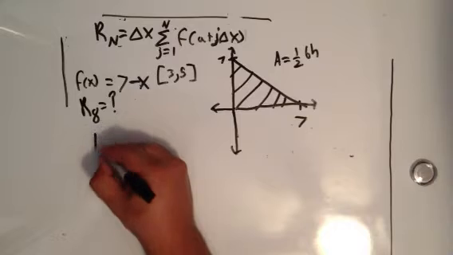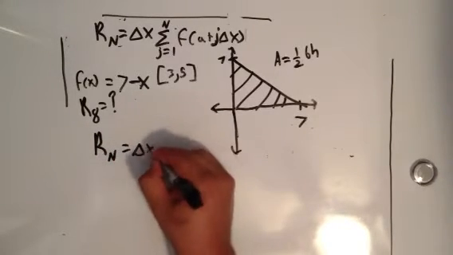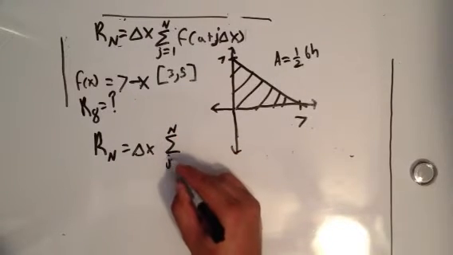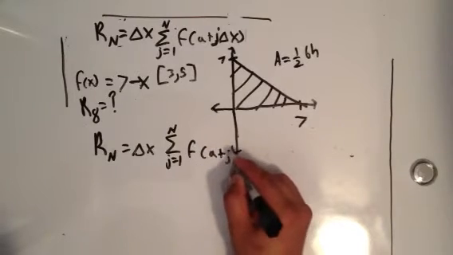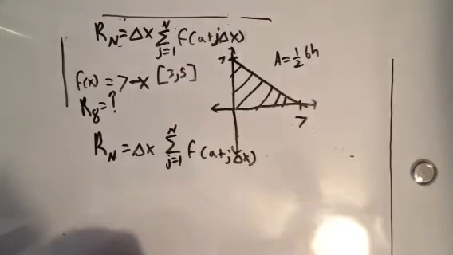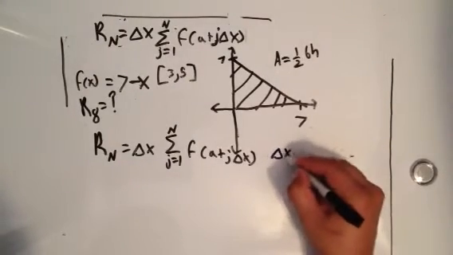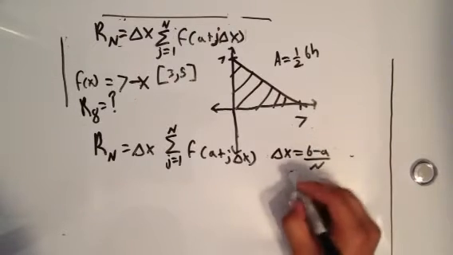So the equation we're going to use is R of n is equal to delta x times the summation of j is equal to 1 to n of f of a plus j times delta x. And we know that delta x is equal to b minus a all over n.